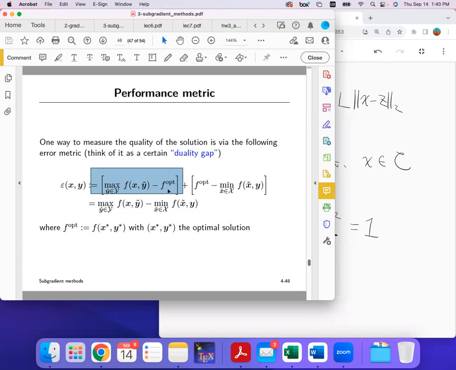This is to measure the optimality, one-side optimality of x.